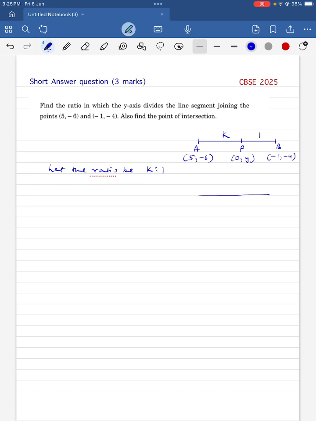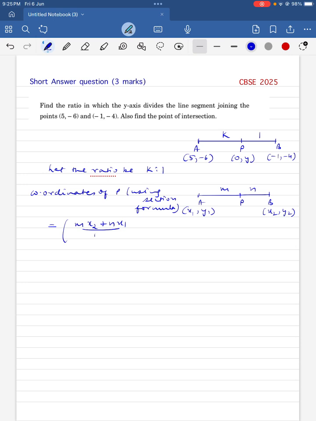If you have a line segment AB, which is getting divided in the ratio m:n, and the point A is (x1, y1) and the point B is (x2, y2), then according to the section formula, coordinates of P using section formula will be (m x2 + n x1)/(m + n), (m y2 + n y1)/(m + n). Okay, now in this case, we have taken the ratio as k:1.